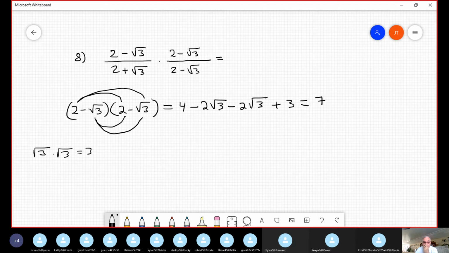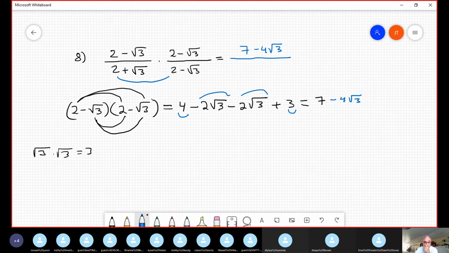So we combine like terms: 4 plus 3 is 7. And we combine the two radical terms, minus 2 radical 3 and minus 2 radical 3, because it's the same radical, so it's minus 4 radical 3. This is the answer on the top: 7 minus 4 radical 3. Remember the shortcut for the bottom? 2 times 2 is 4, minus radical 3 times radical 3 is 3, and 4 minus 3 is 1.